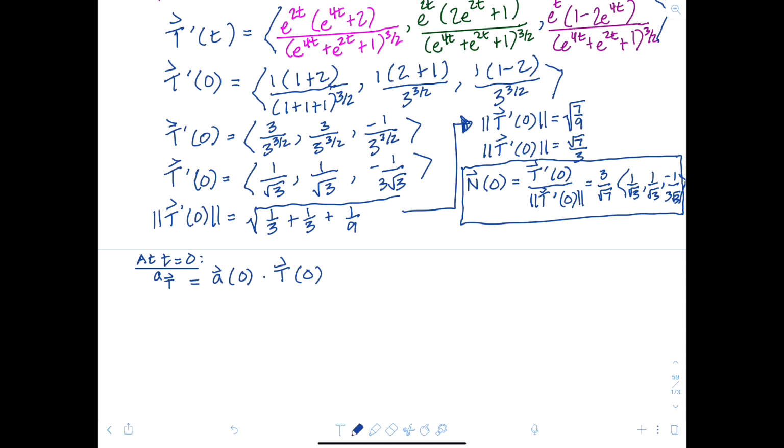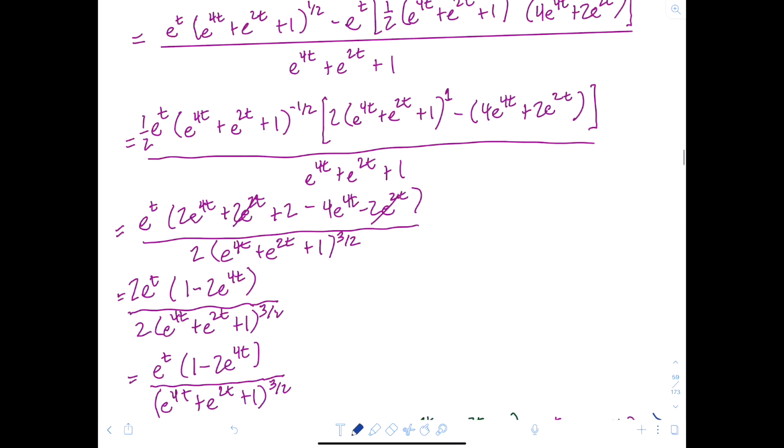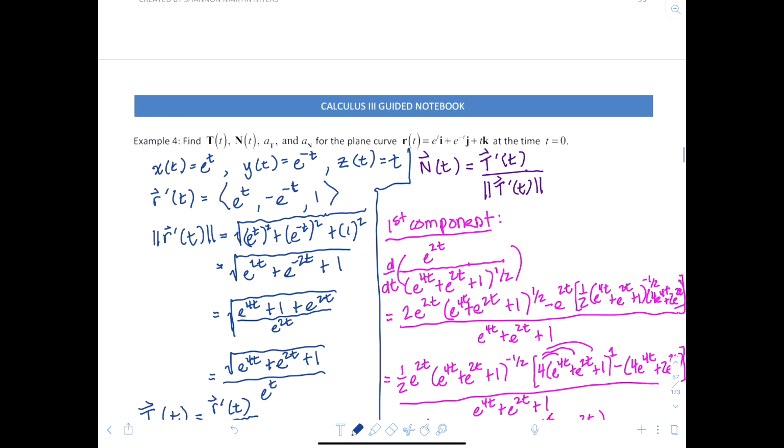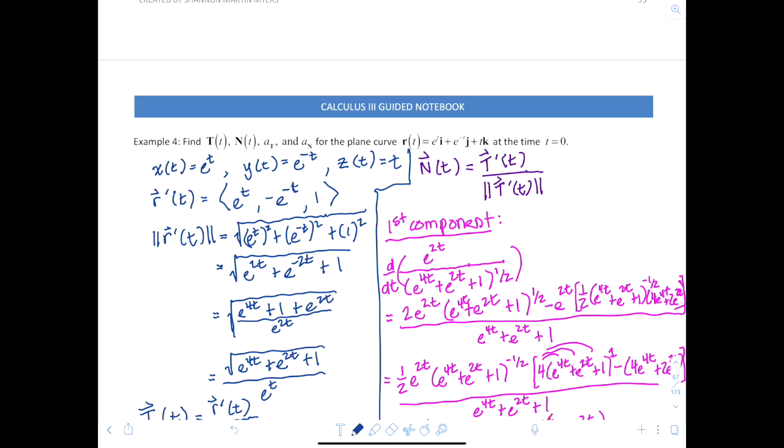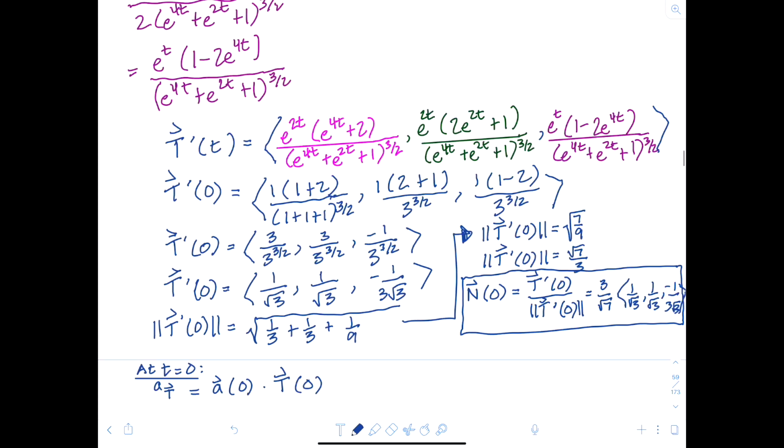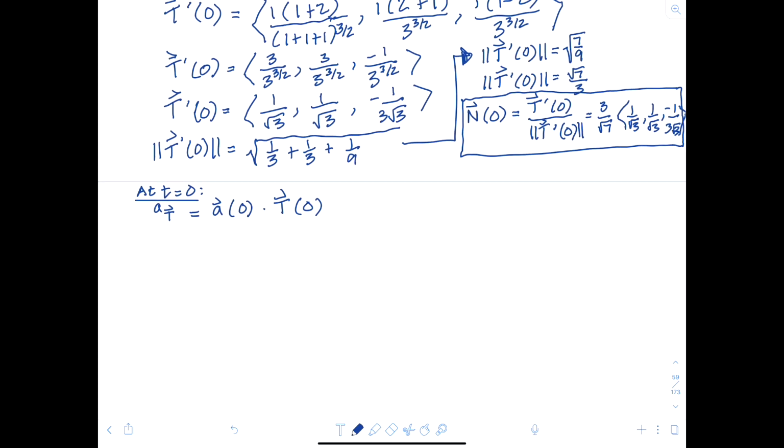Now the acceleration vector at 0, remember, is going to be r double prime at 0, right? So did we ever find r double prime? No. So let's find r double prime.